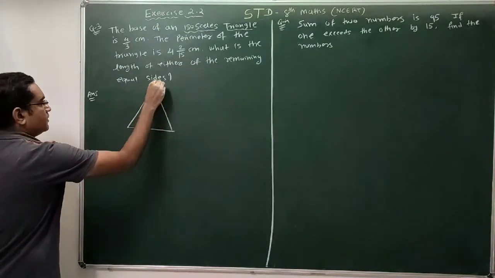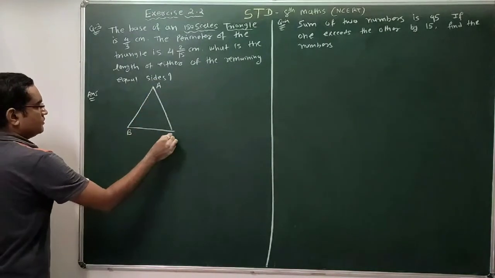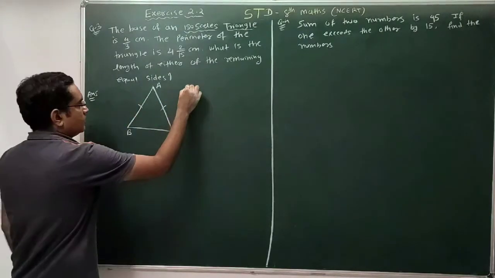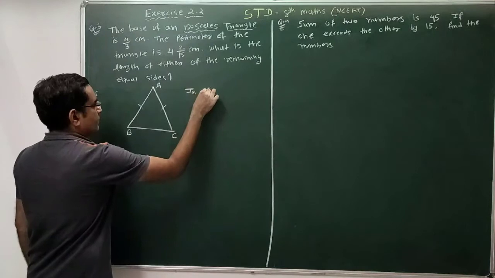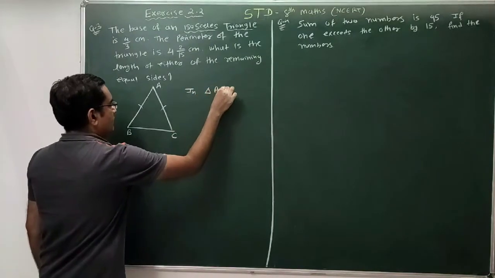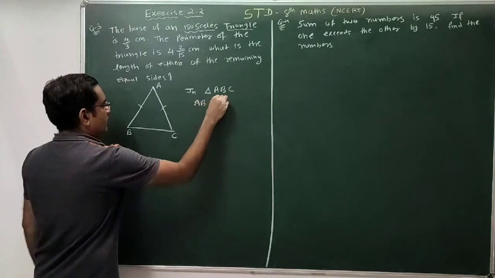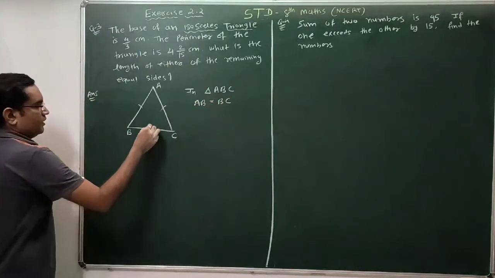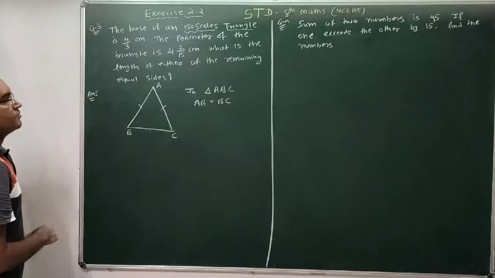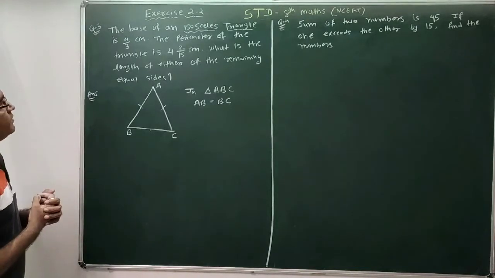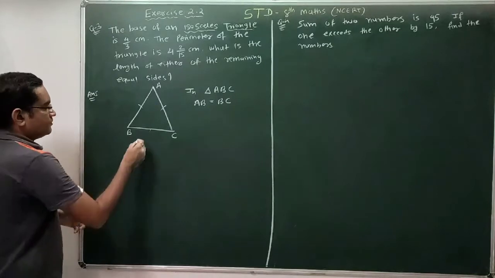So let us suppose that this is an isosceles triangle in which two sides are equal. So in triangle ABC, two sides are equal. AB and BC are two sides, and this BC is called base. So in the isosceles triangle, the base is 4 by 3 cm.